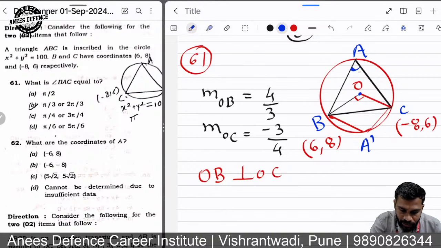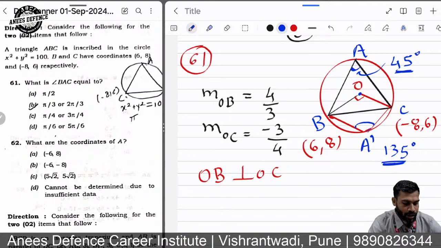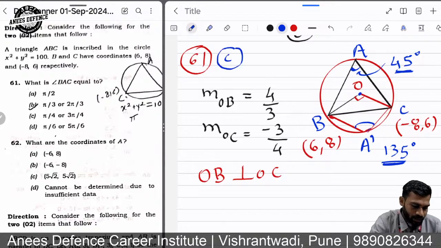So this can be 45 degrees. And of course, using the cyclic quadrilateral property, this will be 135. So there can be two angles of A, right? A can be either 45 or 135. So therefore, C is the right answer of question number 61.